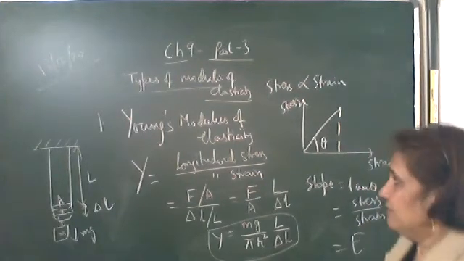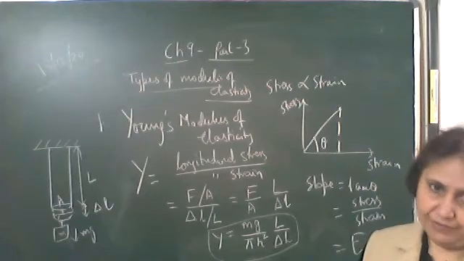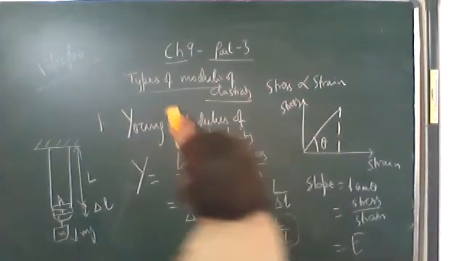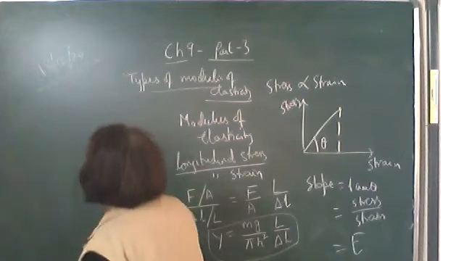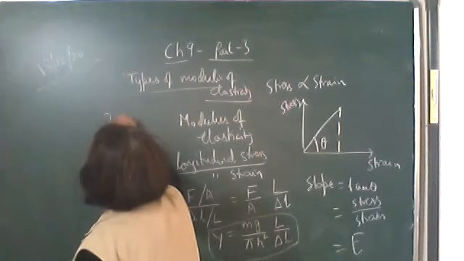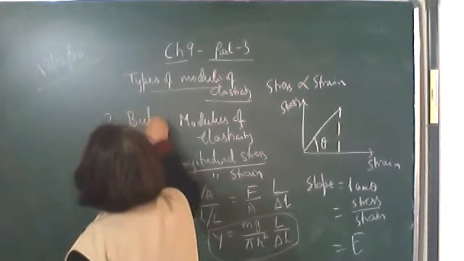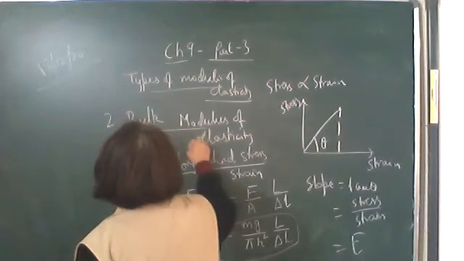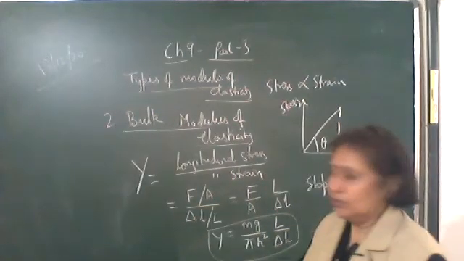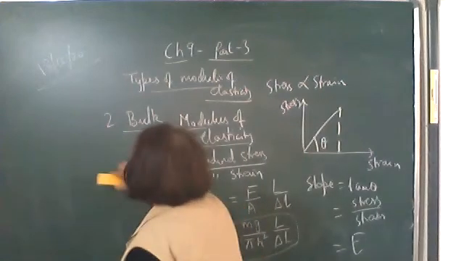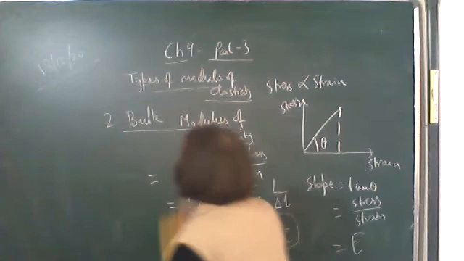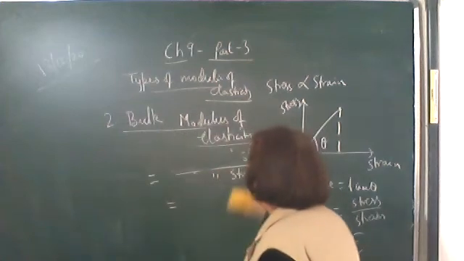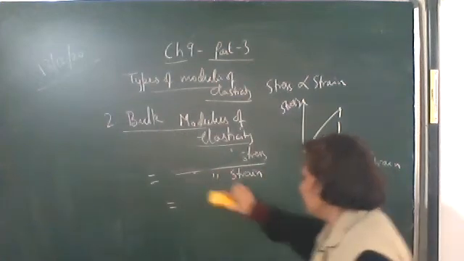Now the second one is bulk modulus of elasticity. Write the second one: bulk modulus of elasticity. It is defined as, within the elastic limit, the ratio of the volumetric stress to volumetric strain.